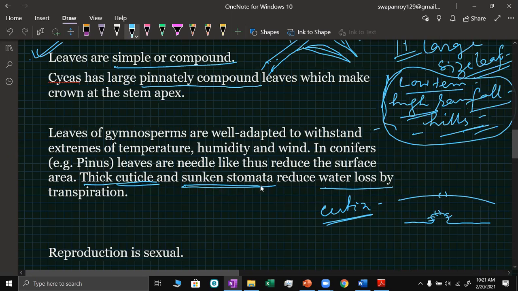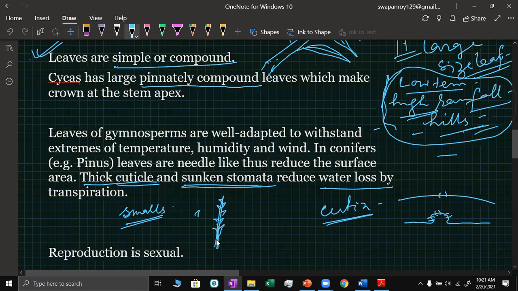Another thing that we find in most of the gymnosperms is that the leaves are very small. Think about those trees you use during the Christmas festival for making a Christmas tree. They have very small leaves, sessile leaves.